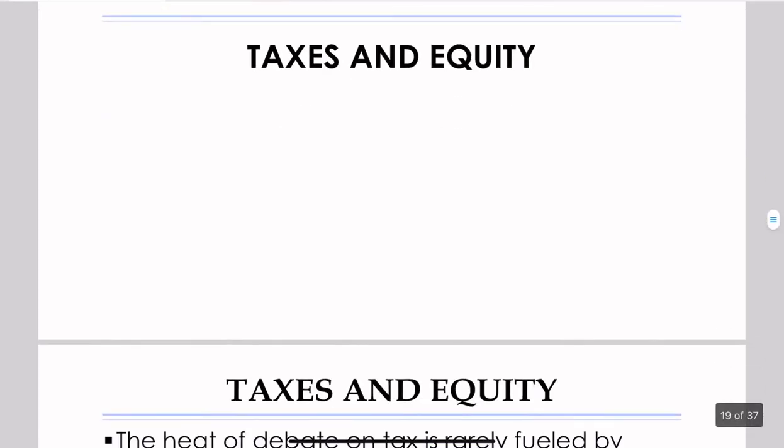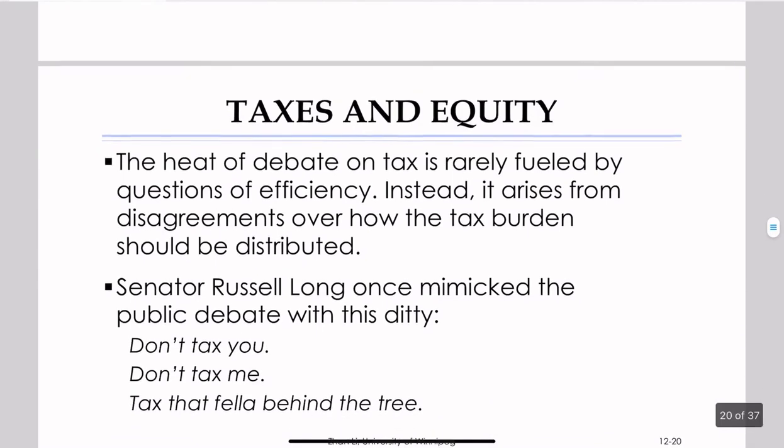Okay, now let's talk about the second topic. Remember, the first topic is about efficiency, and the second topic is about equity. And this is obviously quite an important topic, right? Because if you watch TV or if you read the newspaper, you can see that the major debate is not about the efficiency of tax.